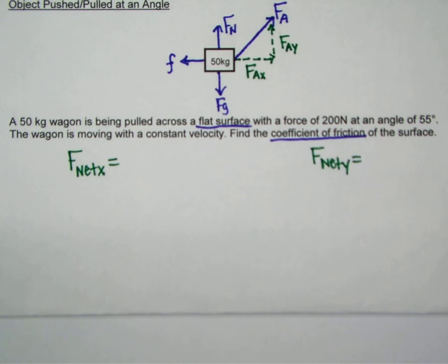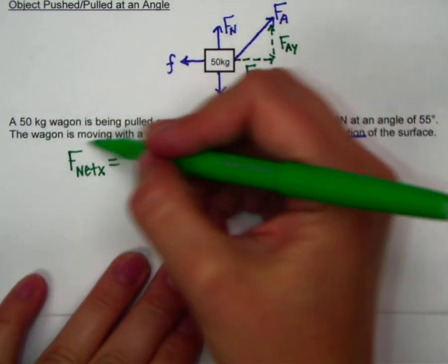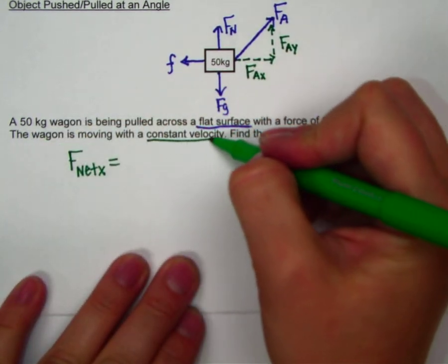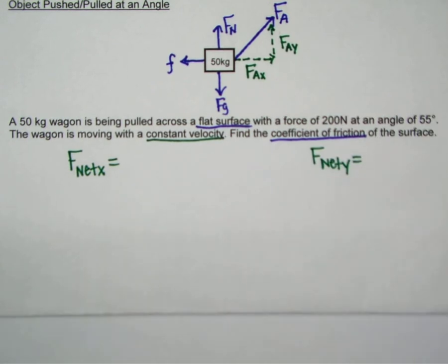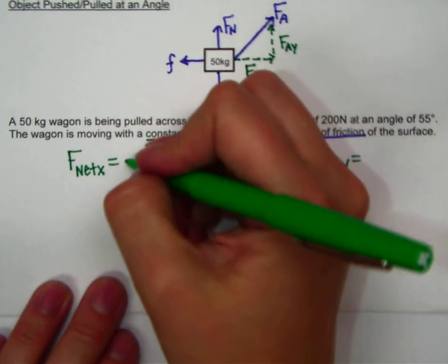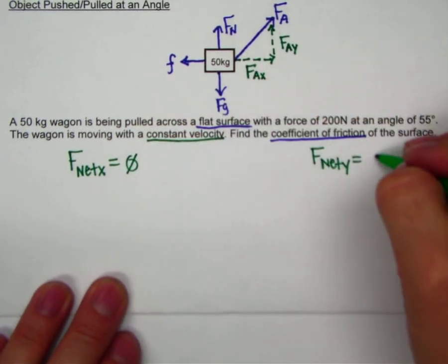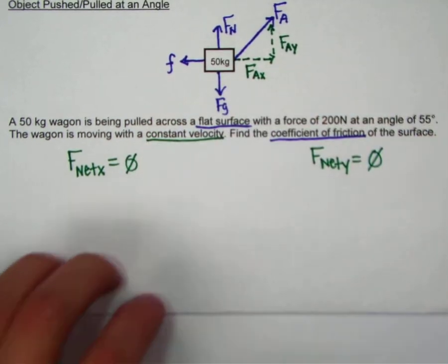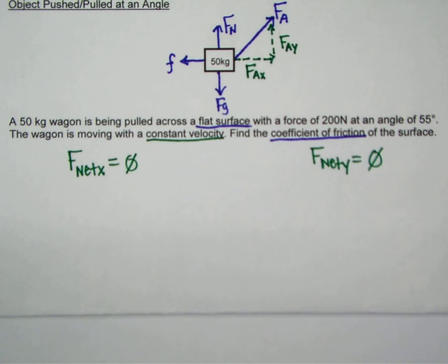It tells us in the problem that the wagon is moving with a constant velocity. Constant velocity means that the object is not accelerating. So we know both the x and y direction are going to be equal to 0. This is awesome. This is very helpful for us.